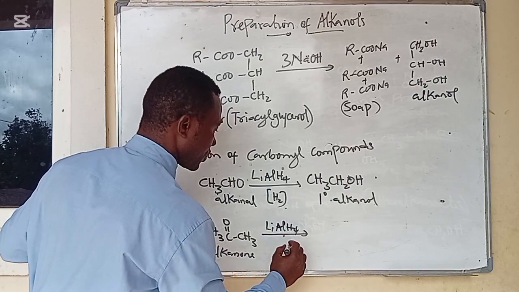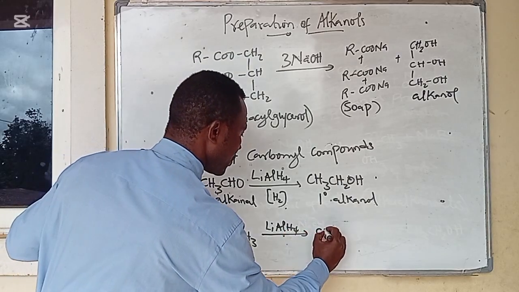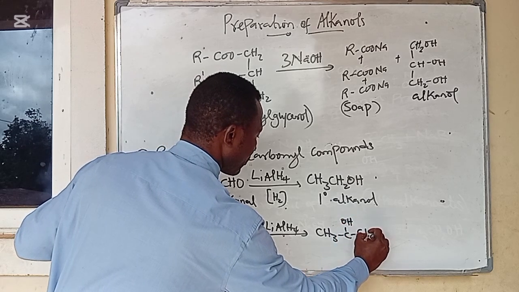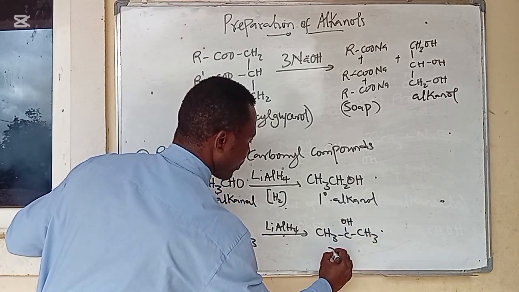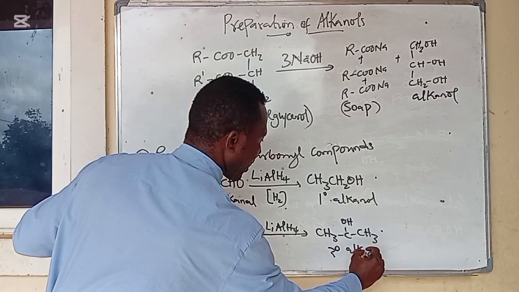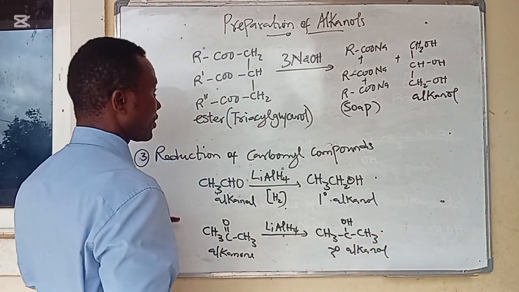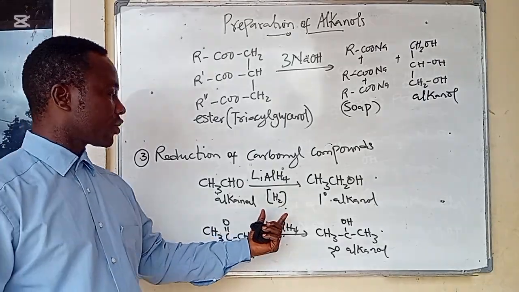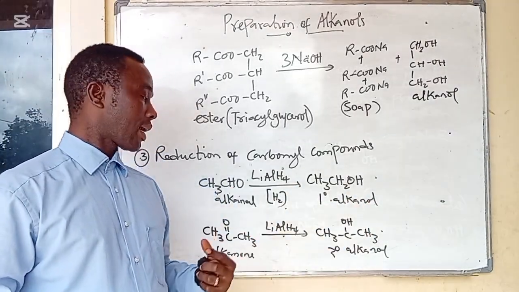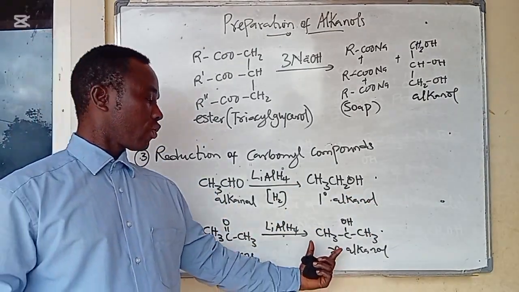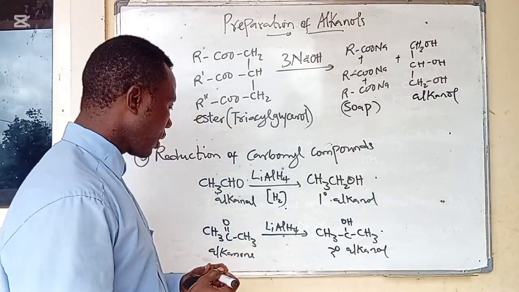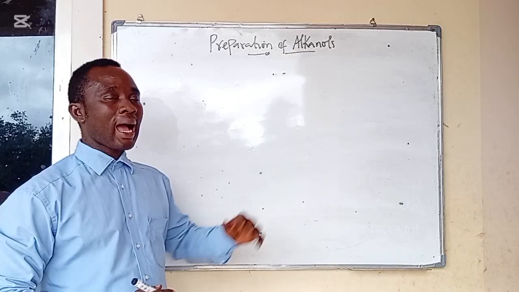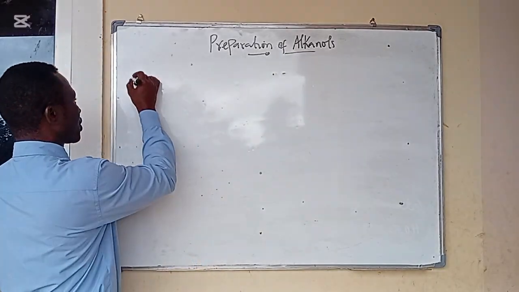When we reduce, what we have is CH3, CHOH, CH3. So you have a secondary alkanol. So that is another way. By reduction of carbonyl compounds, you reduce alkanals, you get a primary alkanol. You reduce alkanones, you get a secondary alkanol.